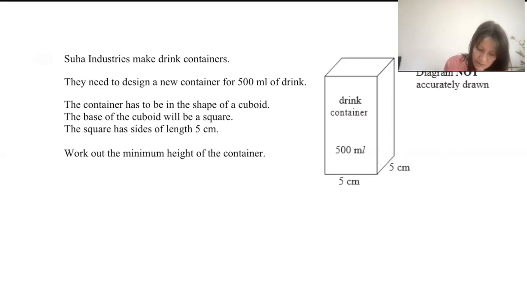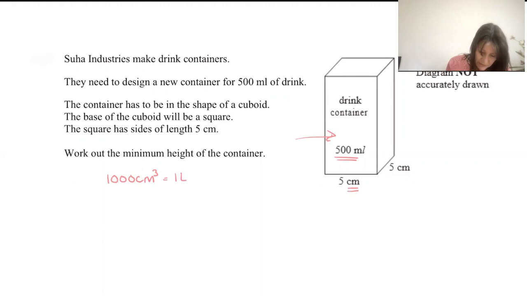So we know that we want the container to hold 500 milliliters. Now, milliliters and centimeters are actually different units. So we do need to check in with this. The conversion that we are expected to know is that 1,000 centimeters cubed is equal to a liter.